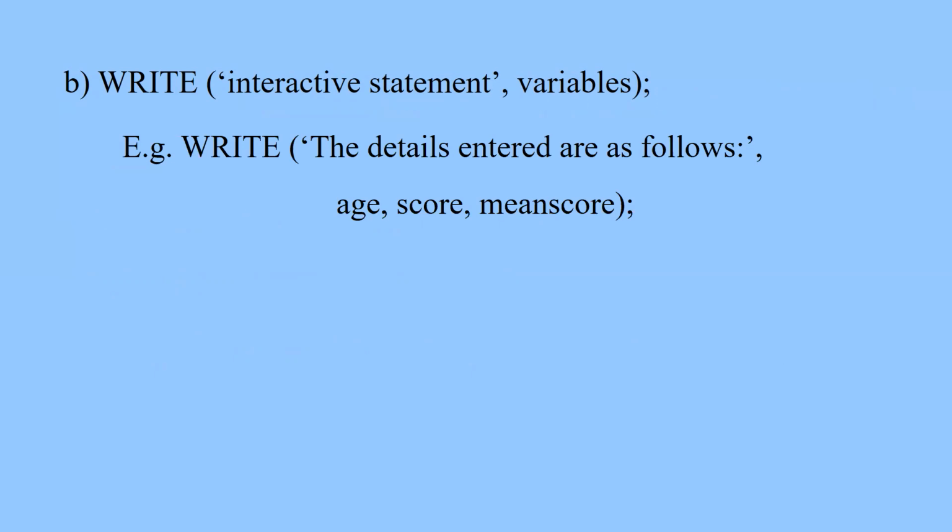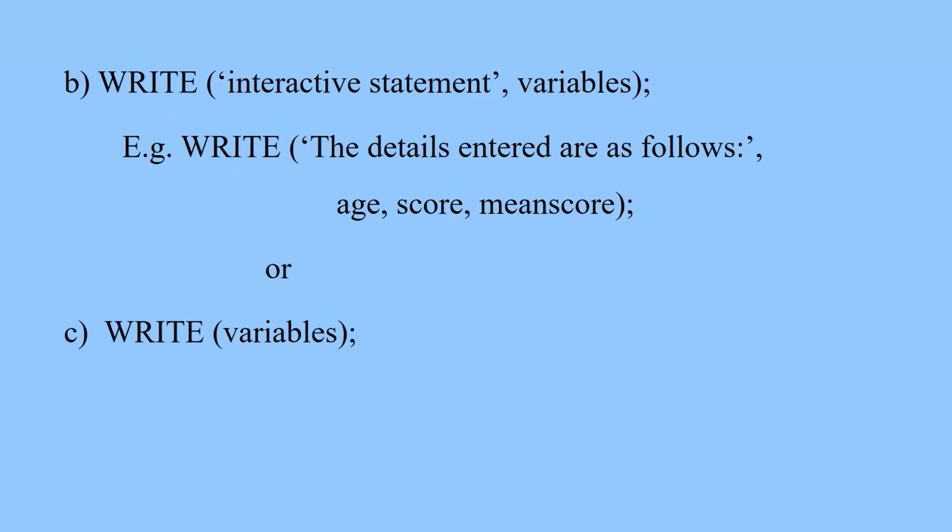Anything put in quotes after the word write is the statement that will be displayed on the screen. Then anything without quotes, like age, score, and the mean score, simply means pick the content of the memory location named age, score, and mean score, and display it on the screen, or write it on a file, if that is the case.